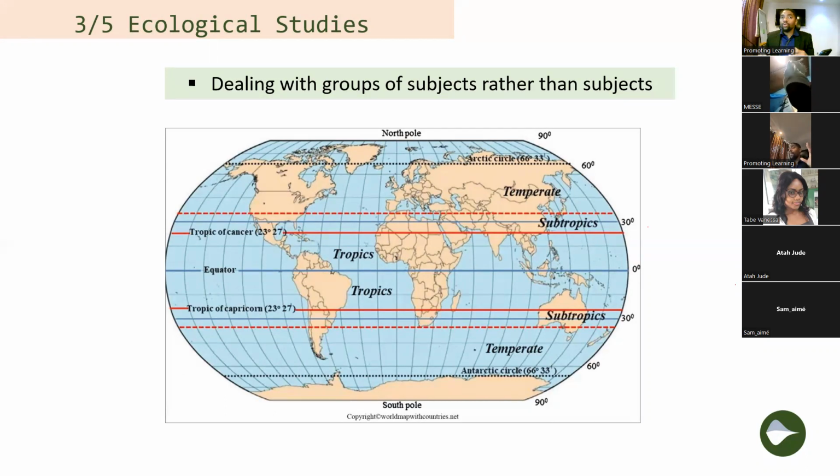It could be students in a school or a school, it could be a neighborhood, a quartier, it could be a whole city, Yaoundé, Douala, or it could be countries.